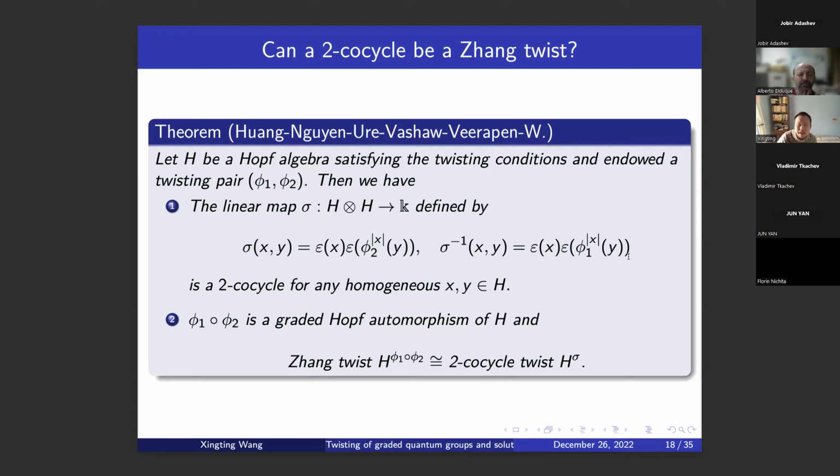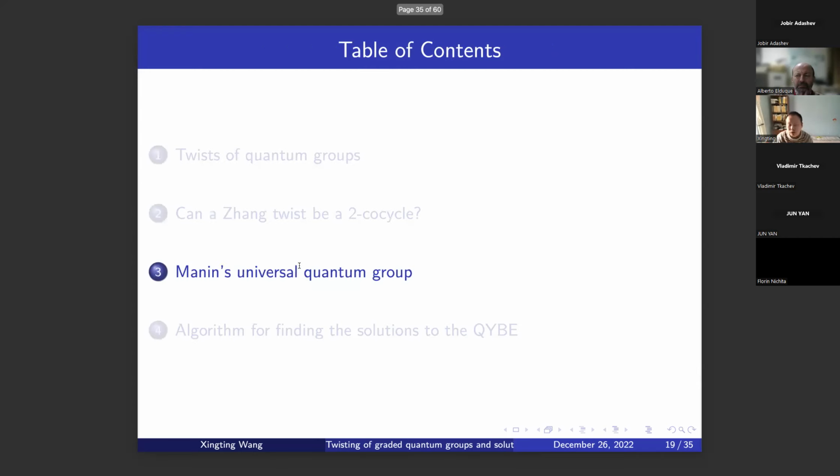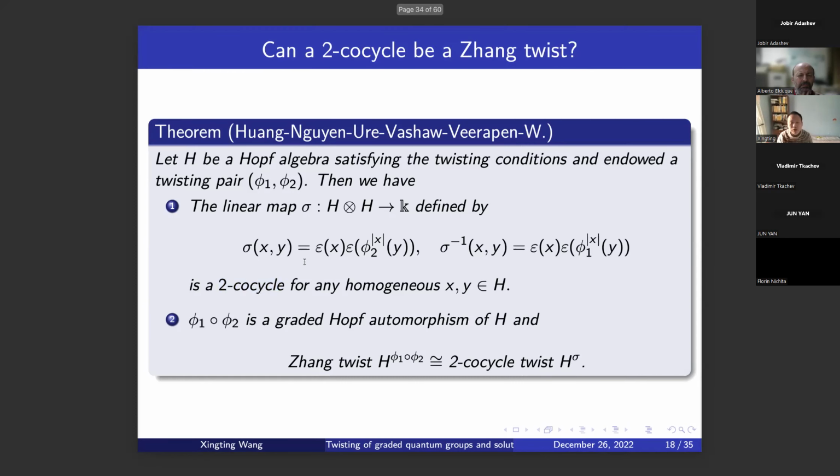One thing I think might be a good application is this. If H is a group algebra, the 2-cocycle twist is exactly given by 2-cocycles in Hochschild cohomology, right? But for a general Hopf algebra, it is usually very hard to determine, especially to write explicitly, all those 2-cocycles.